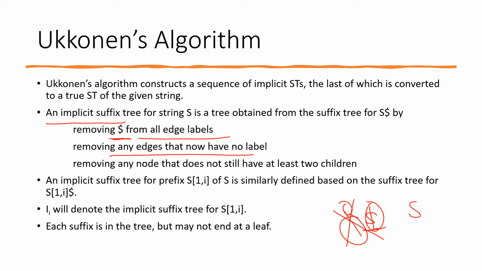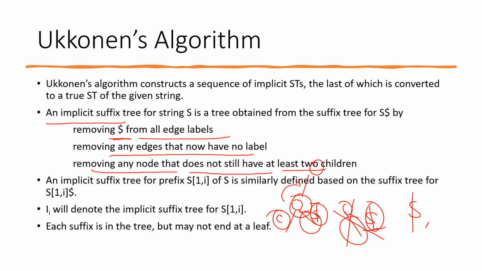So first terminating symbols are removed, then edges are removed, and we also remove any node that doesn't have at least two children. For example, this one comes with c and dollar. Since we removed the terminating symbol and also this edge, we can remove this node as well, and then combine this into the previous edge and the previous node.